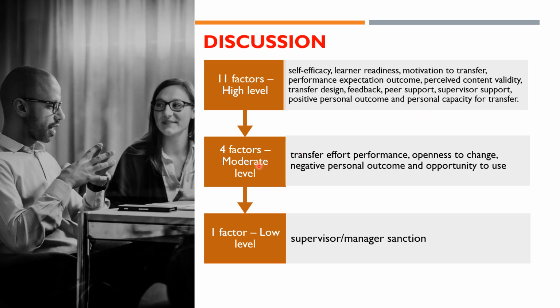Meanwhile, four factors show a moderate level, which include transfer effort performance, openness to change, negative personal outcomes, and opportunity to use. And only one factor shows a low level, which is supervisor or manager sanction.